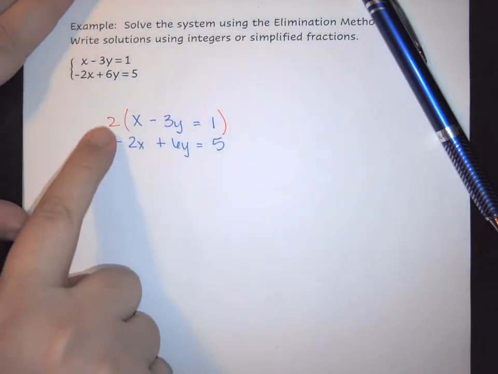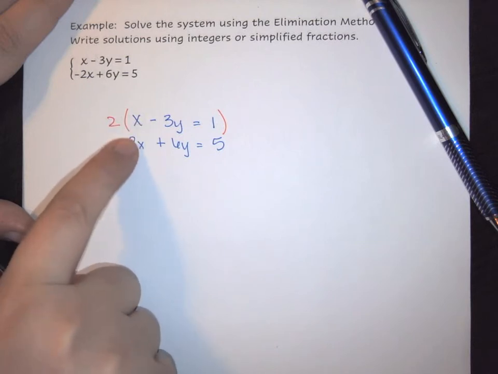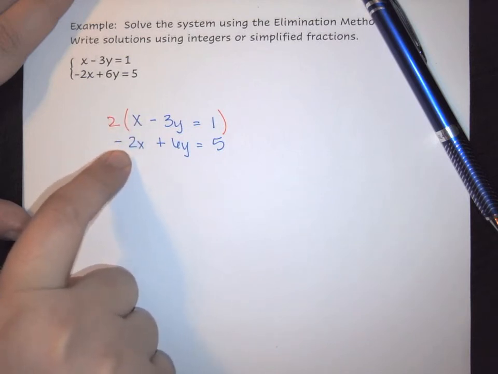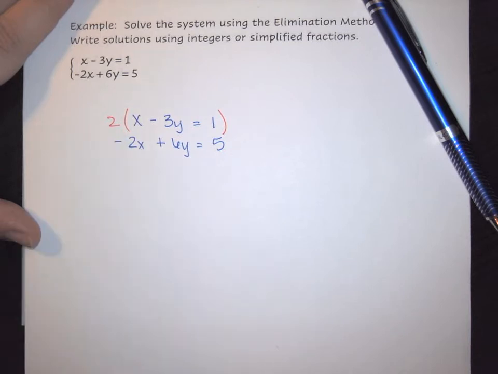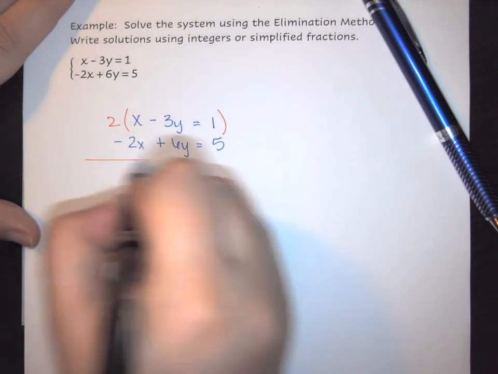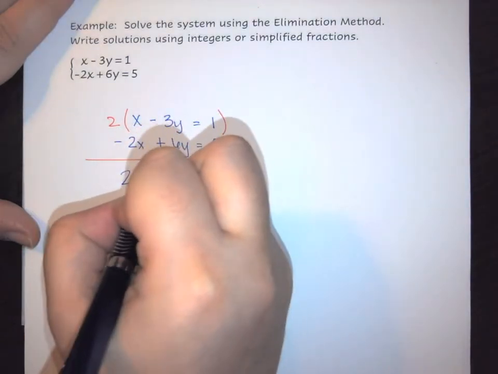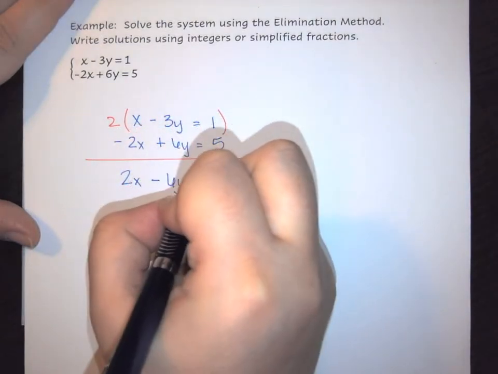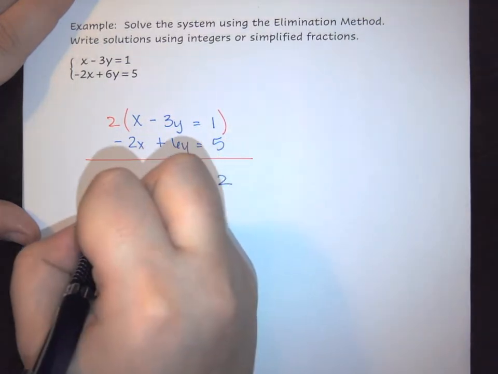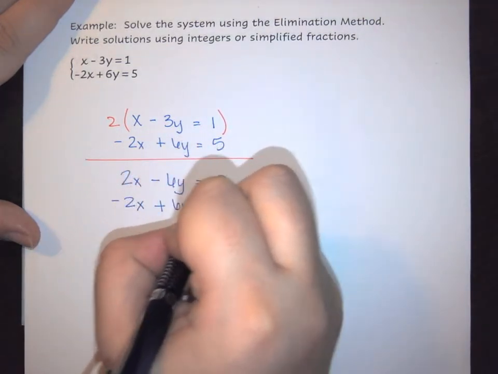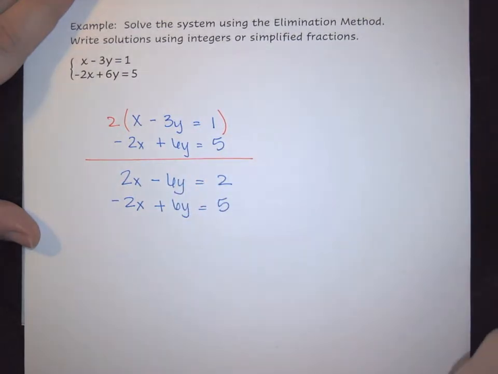Why? Because I want my coefficients to be the same. So multiply by 2 gives me 2x. My bottom is already negative, so I just need to multiply by the positive. So here, this is going to be 2x minus a 6y is equal to 2. And then my bottom equation, negative 2x plus my 6y equals 5.